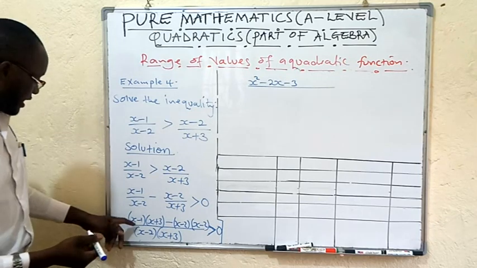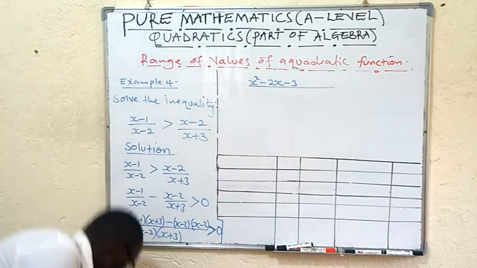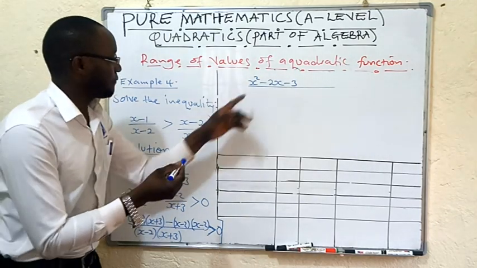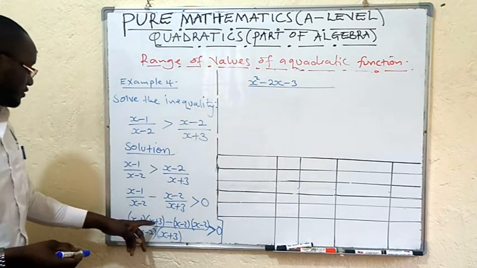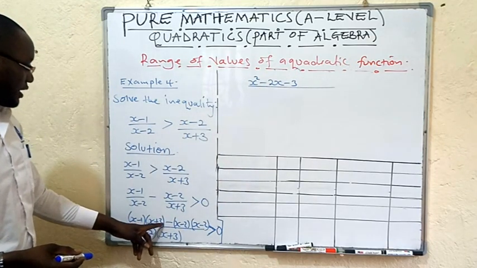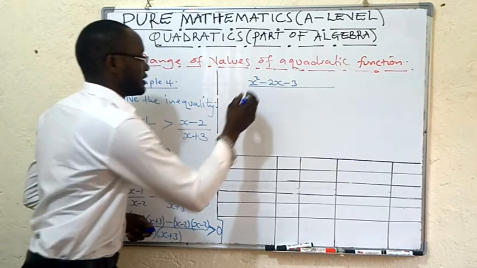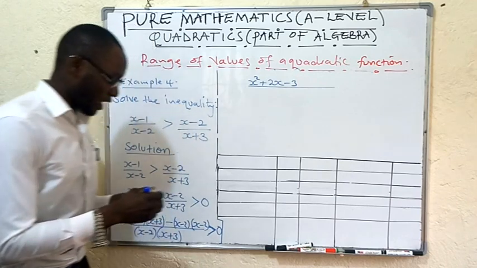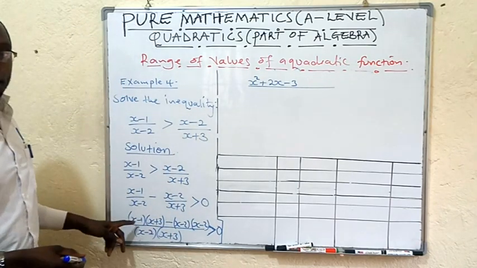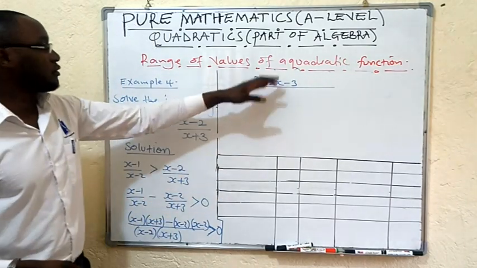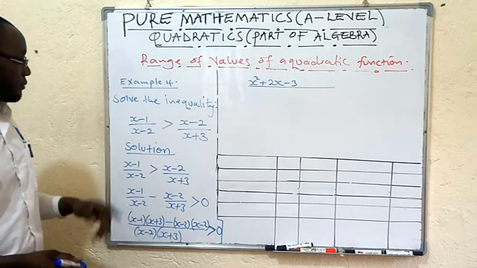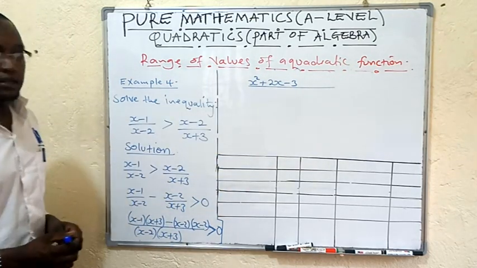Yes, because we said x times x, that is the same as x squared, which we have here. Then x times 3, it is 3x. Negative 1 times x, negative x, meaning that we shall have a positive 3x minus x, which gives us a positive 2x. Then negative 1 times 3, we shall get a negative 3.